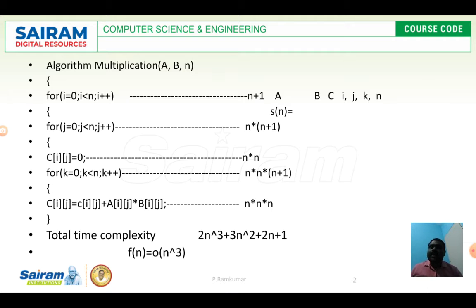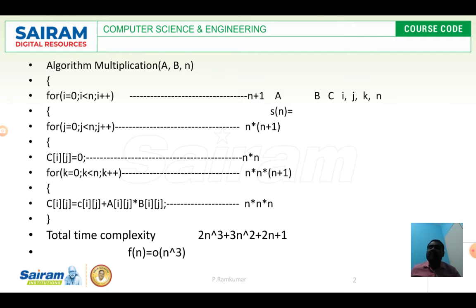Whatever statement comes under the for loop will be executed as many times as the increment or decrement part is executed. In this loop, i plus plus is executed n number of times. So below the for loop, whatever for loop or computational statement there is will be executed n number of times. But for this for loop, I will consider the time as n plus 1, because i less than n will take n plus 1 number of times.